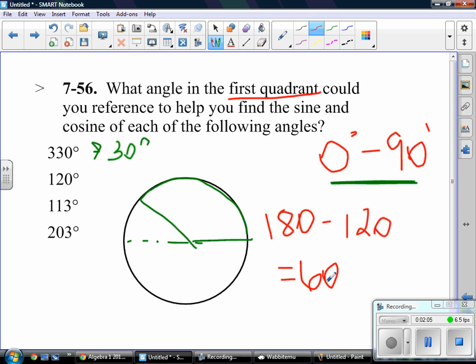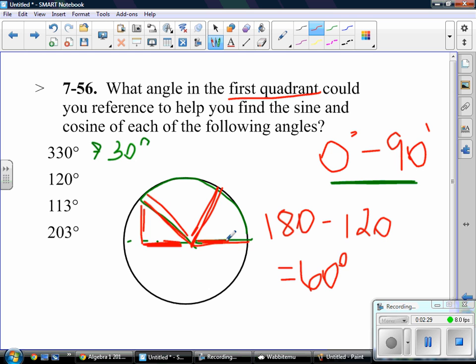So equivalent expression. Right, we drew triangles a while ago. So this is going to give me about the same height as if I was over here. So 60 degrees is going to give me the same values. Now what's going to be different is my cosine for this one. If I drop it down here from 120, this is to the left of my center.